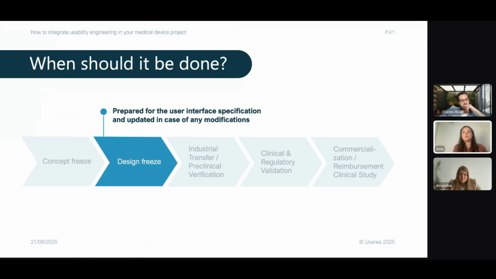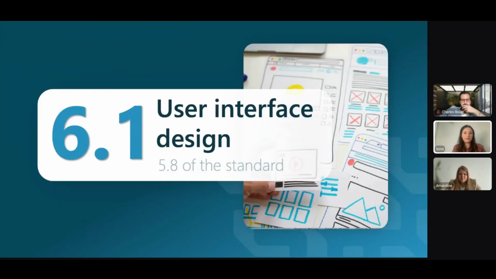For example, you do a formative evaluation, and finally you realize that you don't need a second one, or on the contrary, you finally need to do a second formative evaluation, and you update your user interface plan as needed.